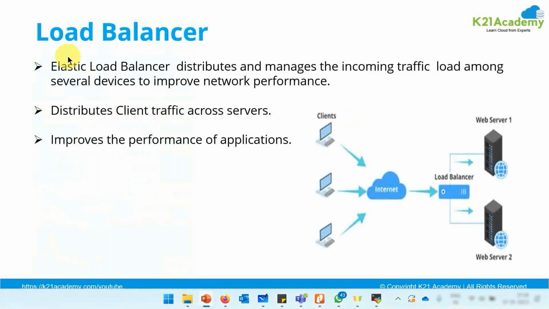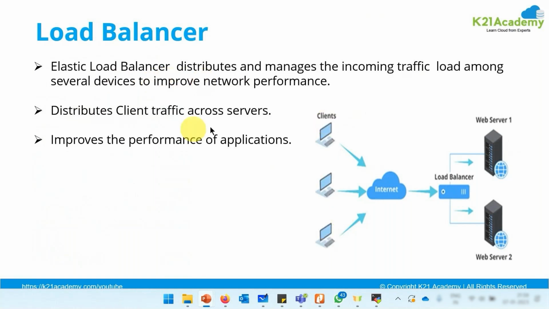The load balancer is basically the one which can distribute and manage the incoming traffic coming from the clients. It can distribute and manage this traffic across several devices so as to improve the performance for the clients.